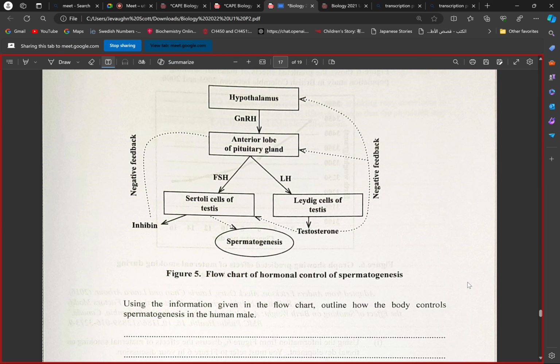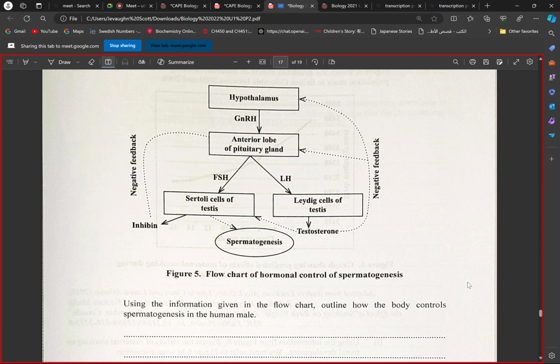So it regulates the amount of testosterone or the rate of spermatogenesis. It's regulating itself because it produces hormones which negatively affect the entire process. When the hormone reaches a certain level, the negative feedback loop is going to overcome the original process and stop the release of gonadotropin, as well as FSH and LH.